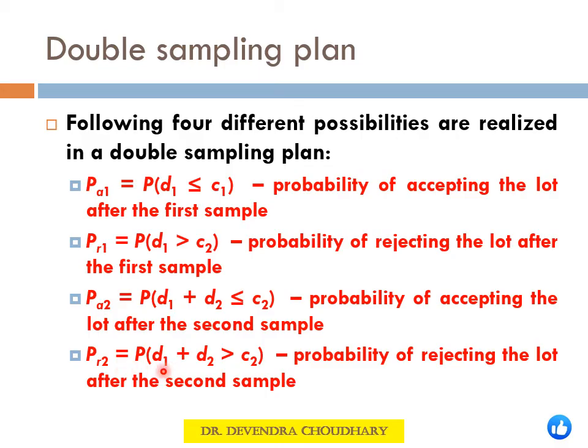And if the combined defectives are more than C2, the entire lot is rejected, and this is denoted by PR2, that is, the probability of rejecting the lot after second sample. Now, these four possibilities are mutually exclusive, so the sum of all these four probabilities would be equal to 1.